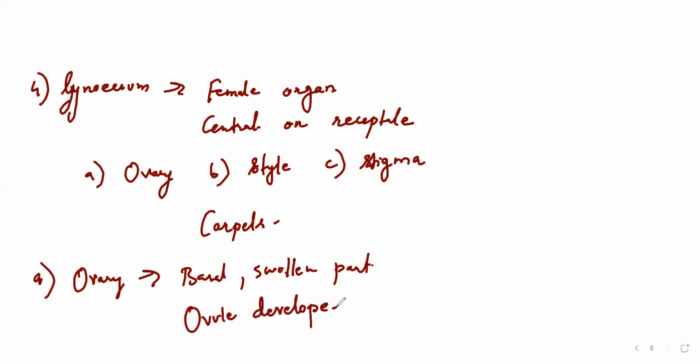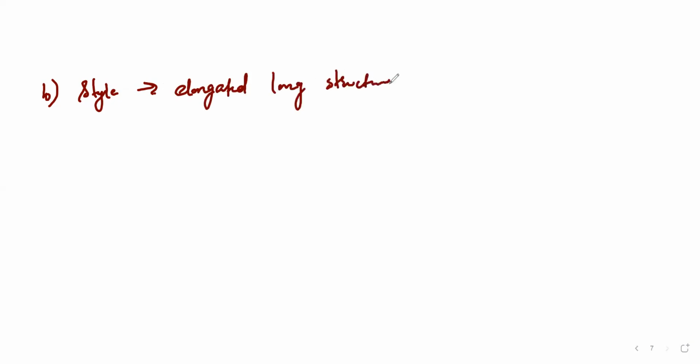That is the seed, which further gives rise to a flower. The second one is style, an elongated long structure which connects the stigma and the ovary.